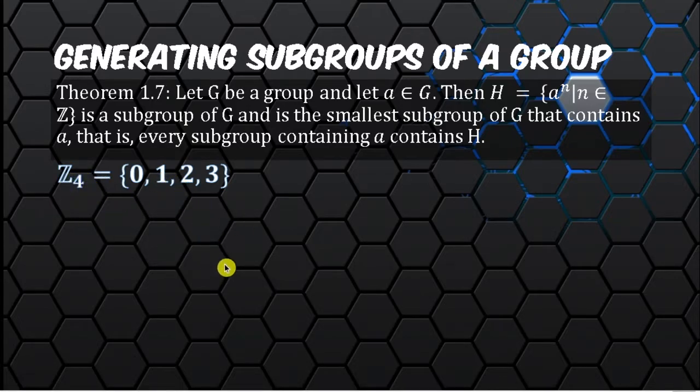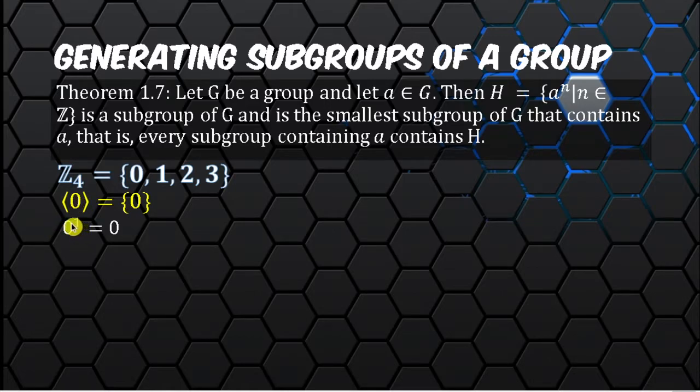Our divisor is 4. Now, let us generate subgroups. Of course, we start from a. We choose an a from the given group. So, pwede tayo mag-start ng 0, and then 1, and then 2, and then 3. It will generate the subgroup. Let's start with the subgroup generated by the element 0.